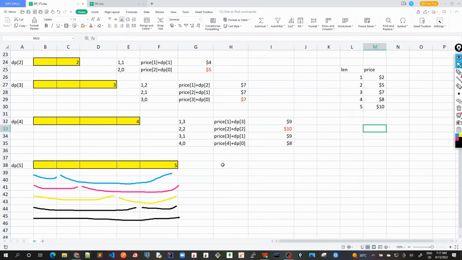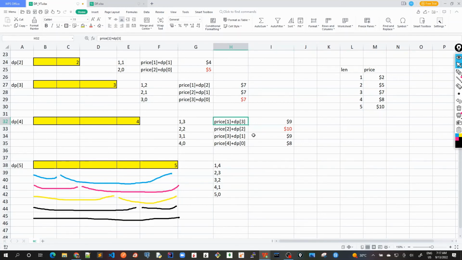So let's put the same thing as we have done here. Should be 1 and 4, 2 and dp of 3. We already cut it for 3, and 3, 2, 4, 1, 5, and 0.